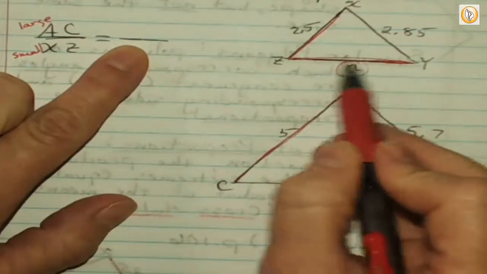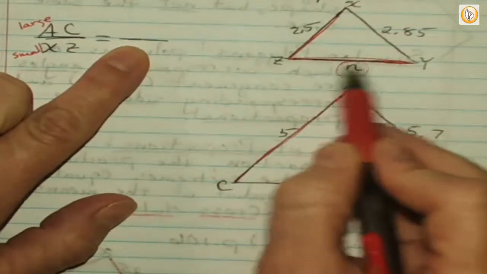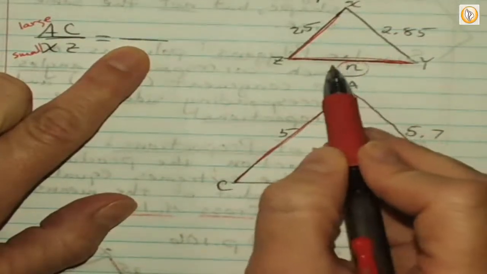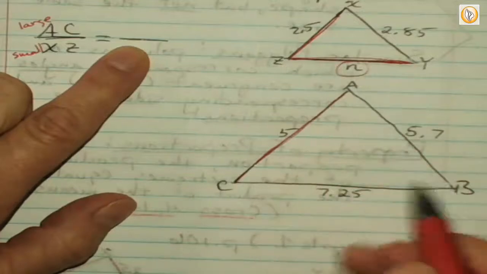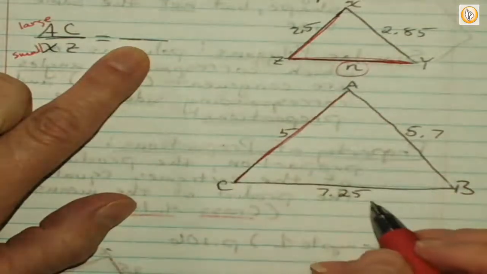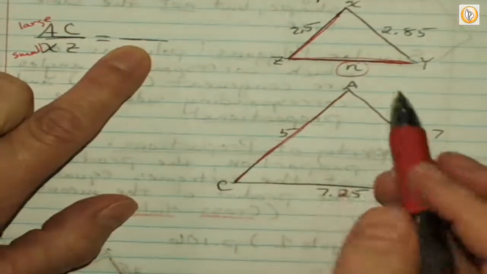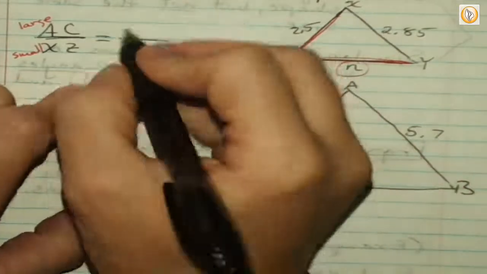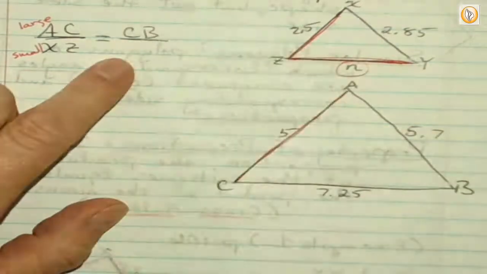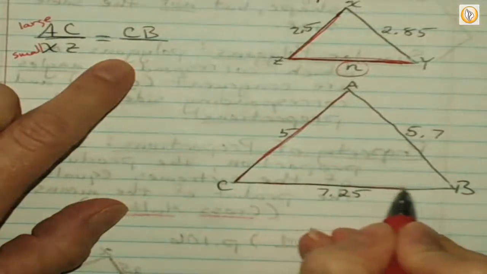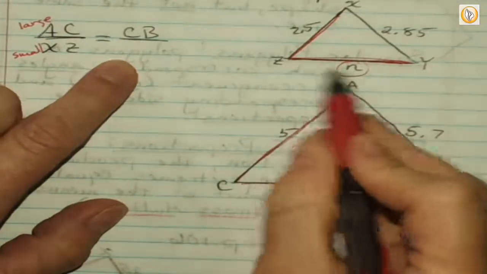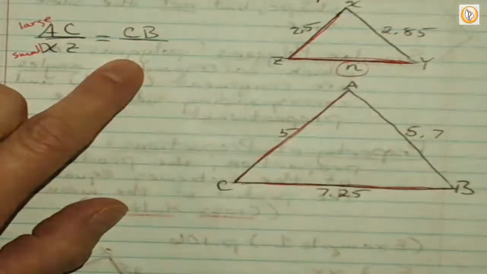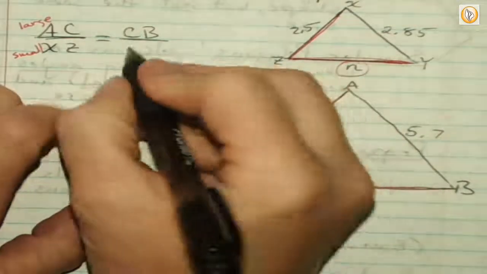So this is the small one, right? I didn't write N down, so that's why. Oh, okay. So this is the side we're looking for. So you can put down CB. Perfect. CB, because this big side right here is going to correspond with that little one. So what would I put down here? XZ. That's right. Perfect.